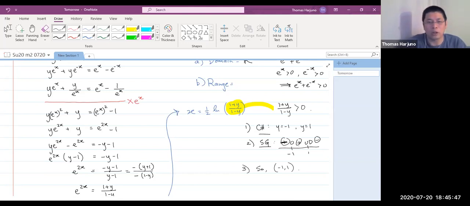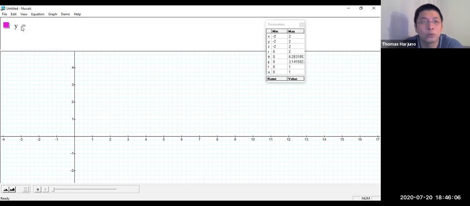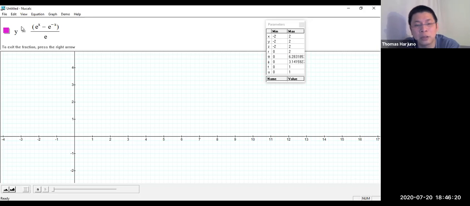Now let's take a look at what the graph actually looks like, out of curiosity. Let's see, a new sharing here. We have y equals e to the x minus e to the negative x, divided by e to the x plus e to the negative x.